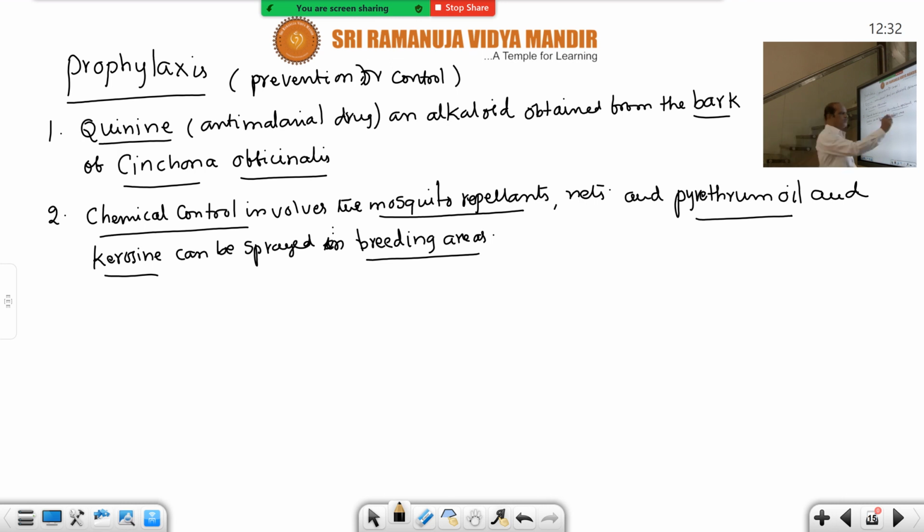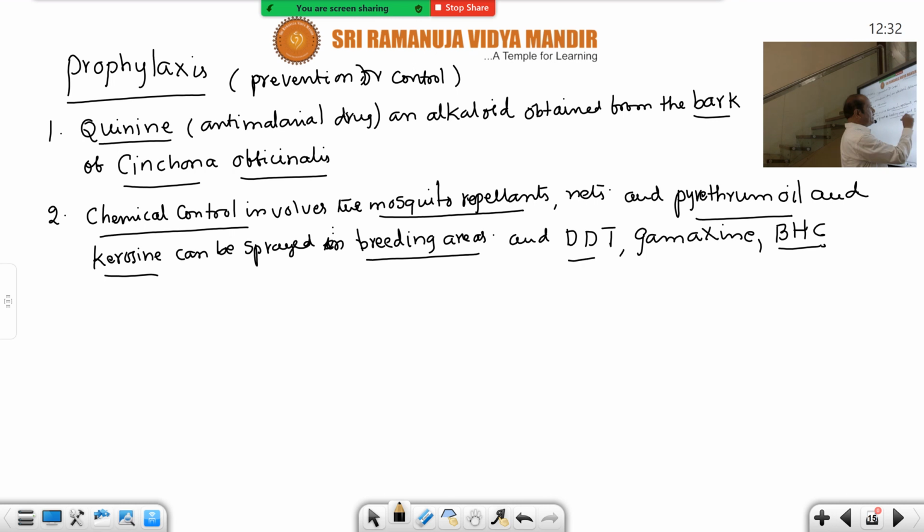And also you can use DDT and Gammexane, spraying of DDT and Gammexane. These are all powerful insecticides, along with BHC, benzene hexachloride. DDT means dichloro-diphenyl-trichloroethane. When important political leaders or ministers visit the cities, municipalities, they will spray DDT powder or Gammexane powder or BHC powder on the sides of the roads.